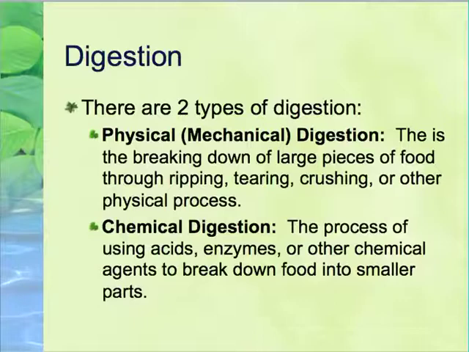Now, the benefit to physical digestion is that we end up with an increased surface area. If I were to take a piece of paper and physically digest it, I have a whole piece of paper here. Physical digestion would be simply breaking it into smaller parts. I'm not changing chemically what the paper really is.